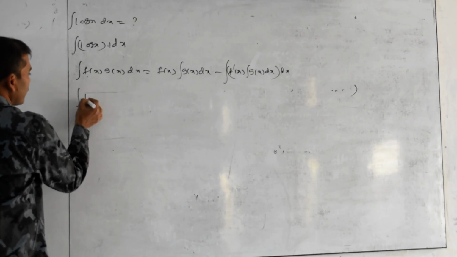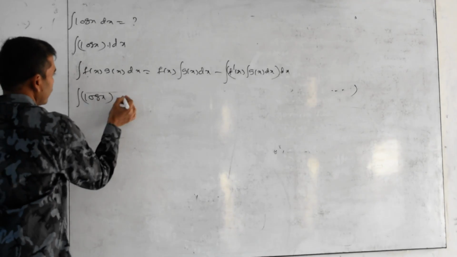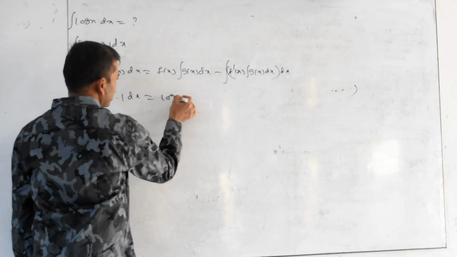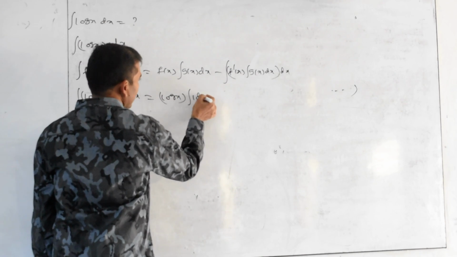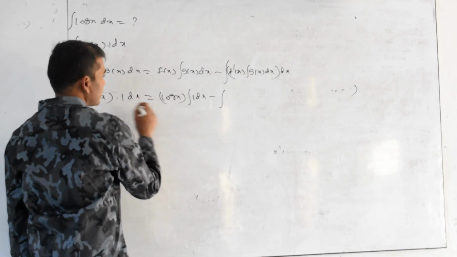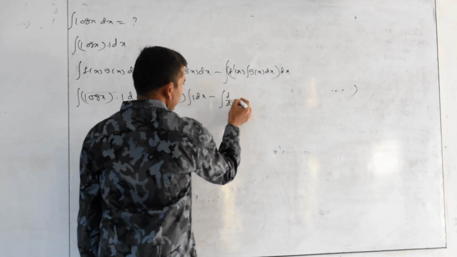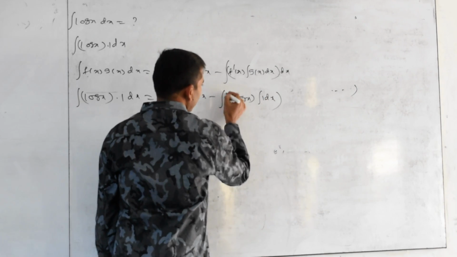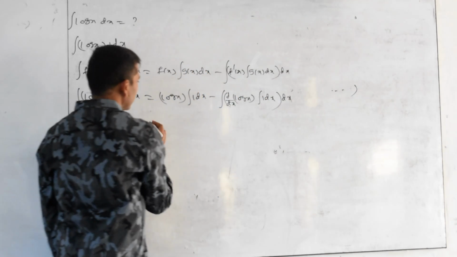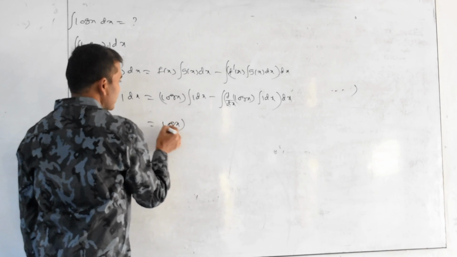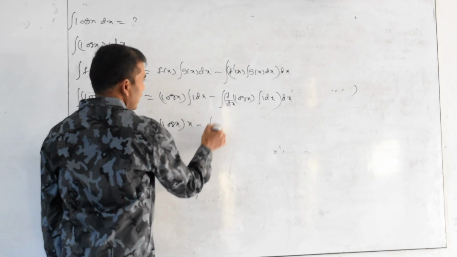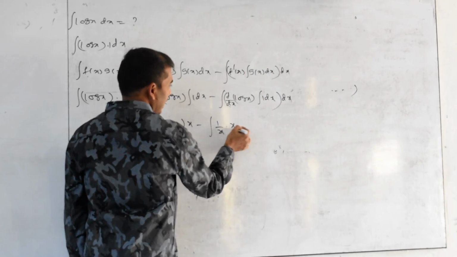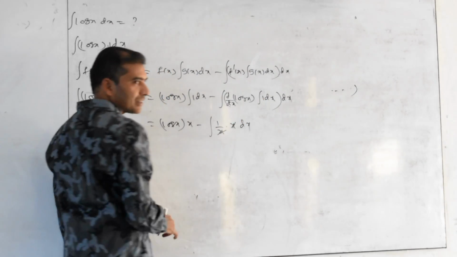Now integration of log x into 1 dx equals f of x, log x, integration of 1 dx, minus f dash x, d by dx of log x into integration of 1 dx whole dx. Log x integration of 1 is x; derivative of log x is 1 by x; integration of 1 into x dx gets cancelled.